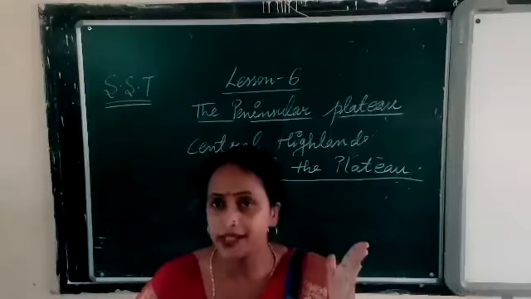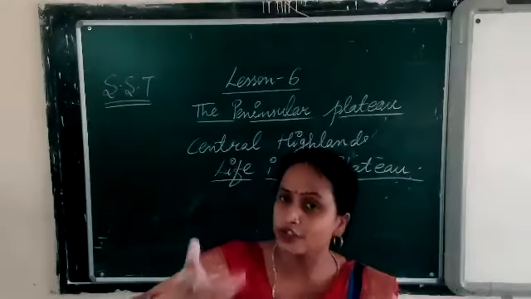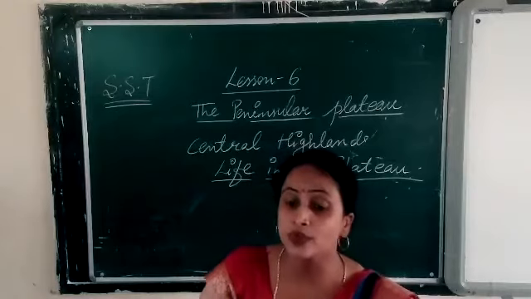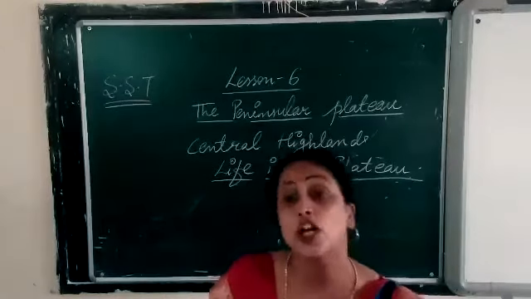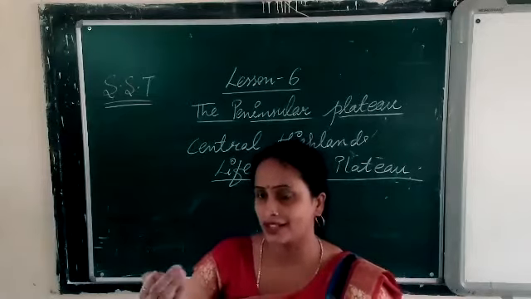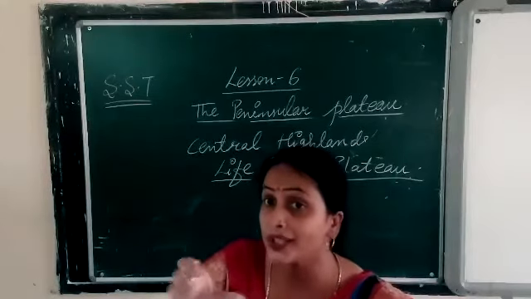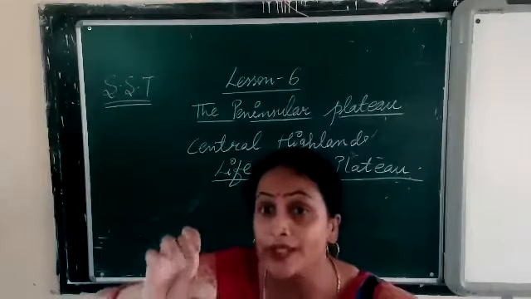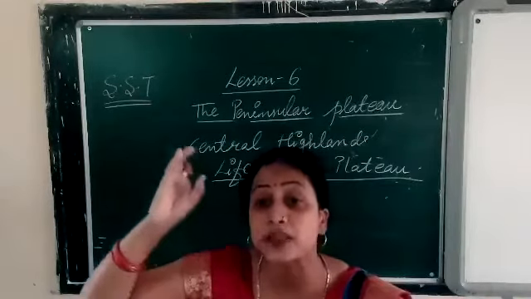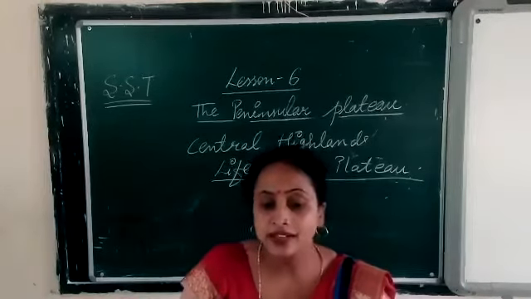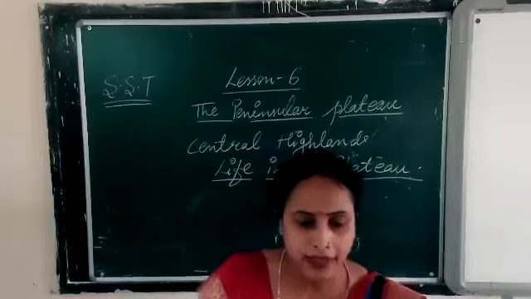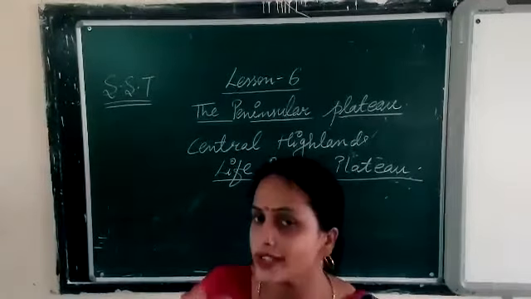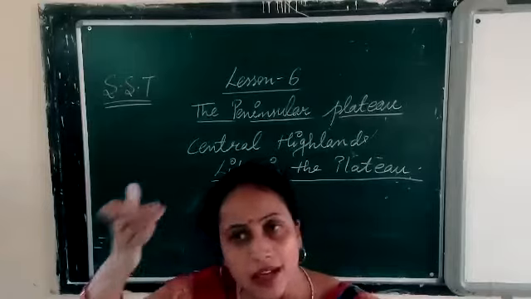So red soil is different, and it is good for groundnut, oil seeds, sugarcane, and millet. These are the crops which are grown in the red soil. Which crops are grown in the red soil? Groundnut, millet, and oil seeds.